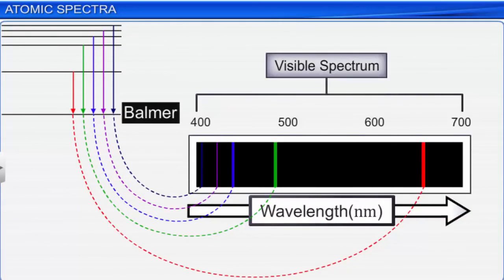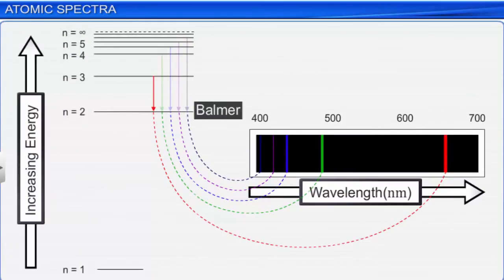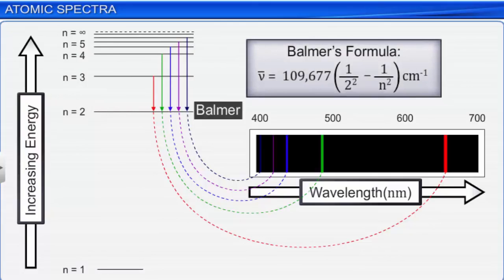These are observed when the electron jumps from n greater than or equal to 3 to n equal to 2 principal energy level.